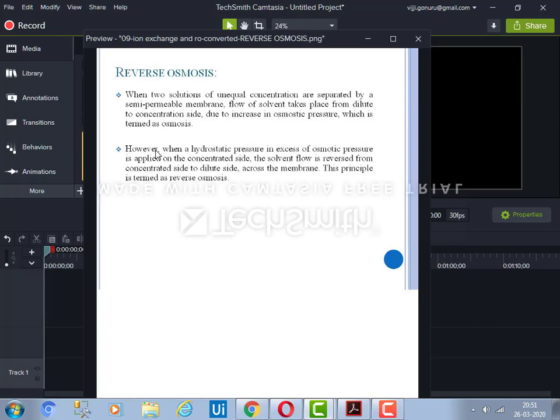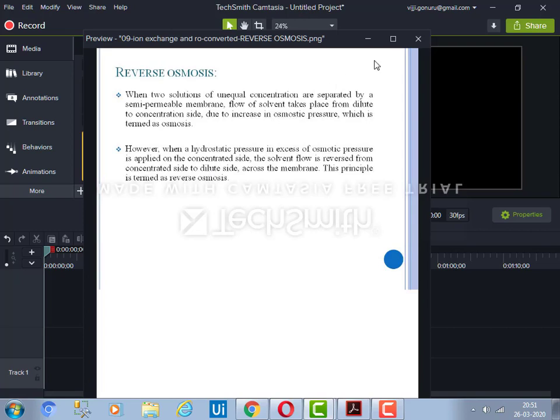When a hydrostatic pressure in excess of the osmotic pressure is applied at the high concentrated side, the solvent flow is reversed from the concentrated side to the dilute side across the membrane. This principle is termed the reverse osmosis process. So by using reverse osmosis, we collect pure water from the seawater.